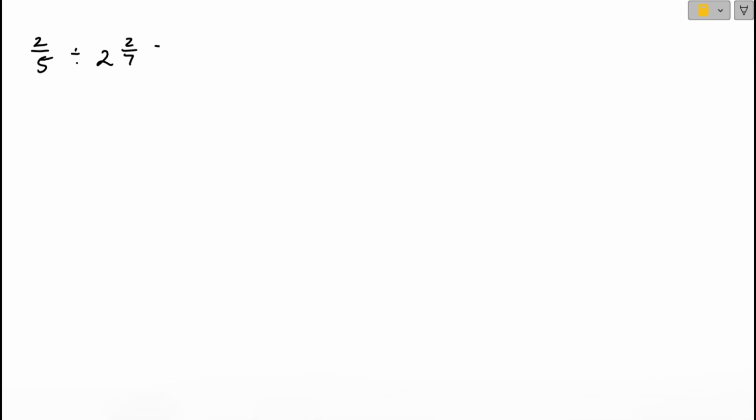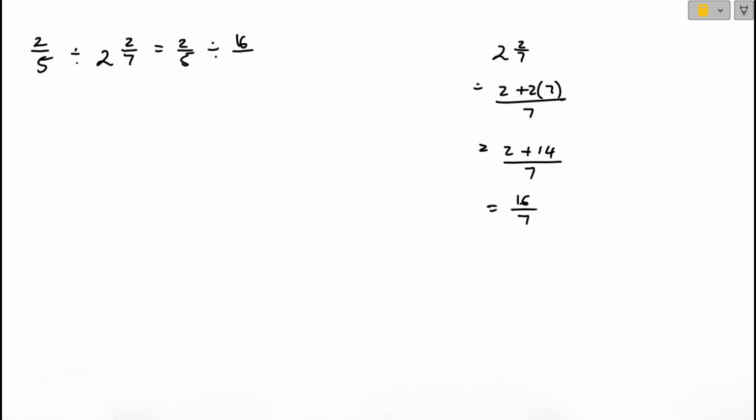Okay, I know this is going to remain the same, but let's have a look at this. 2, 7 over 7, 2 plus 2 times 7 is 14 over 7, and we have 16 over 7. Right, so divided by 16 over 7. Oops, why did I put 17 there? It's supposed to be 7.